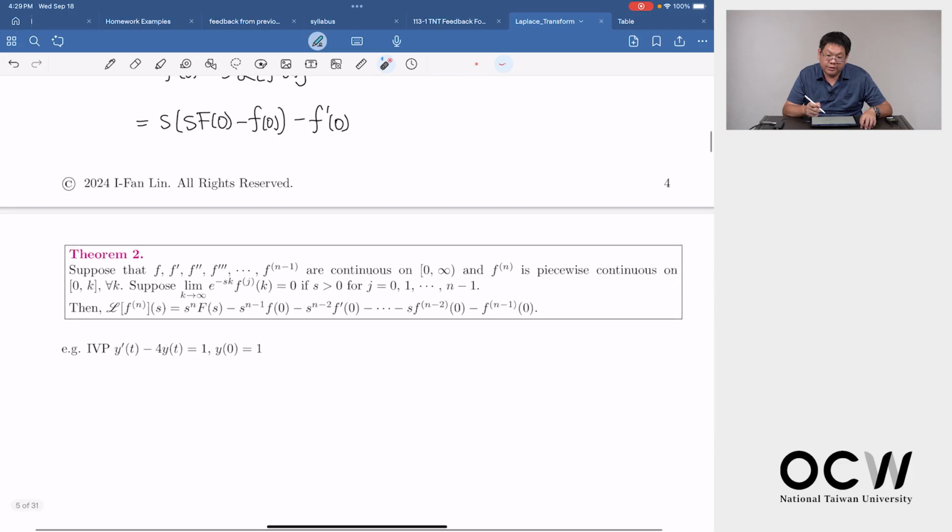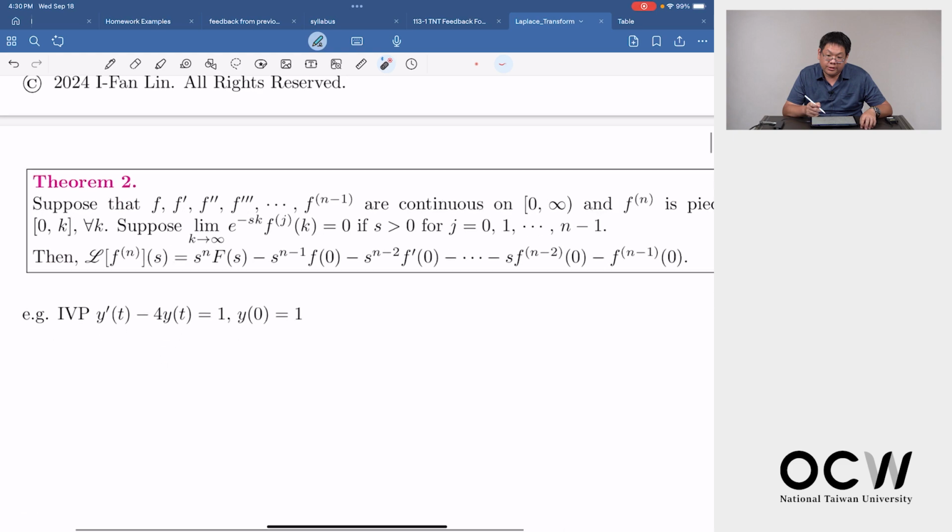So for example, if I have this form and I have an initial value, so initial condition, this is constant. You can also use what we have already learned, the constant coefficient differential equation method, to find that.